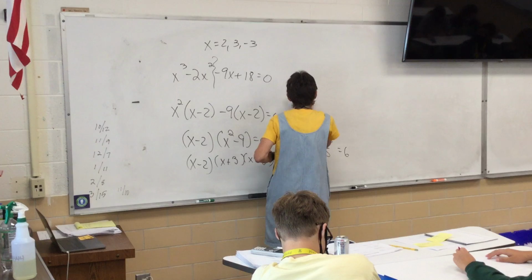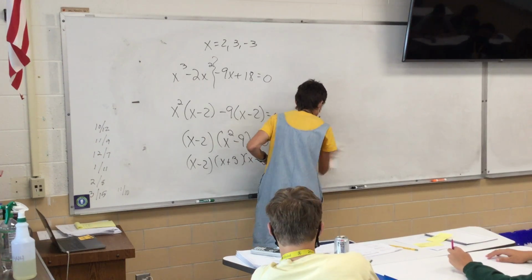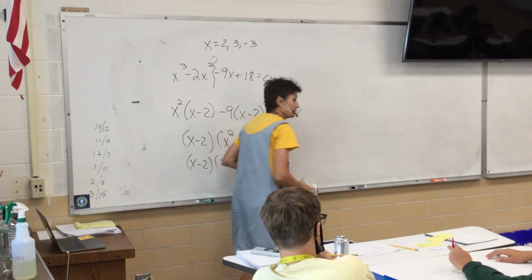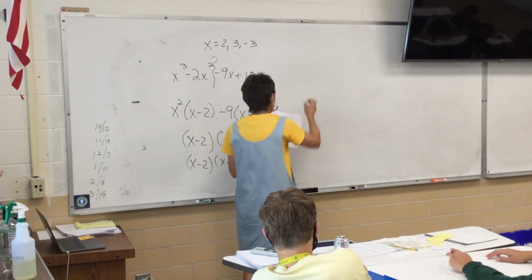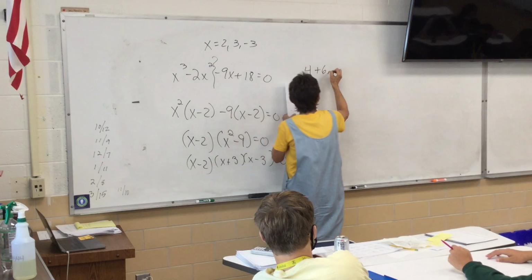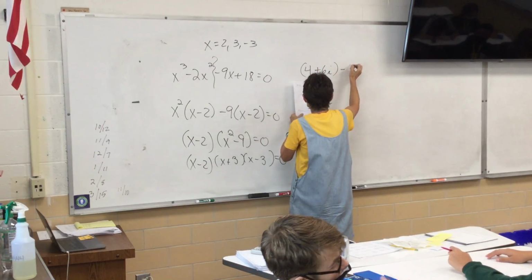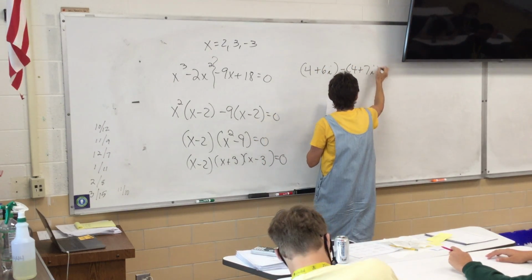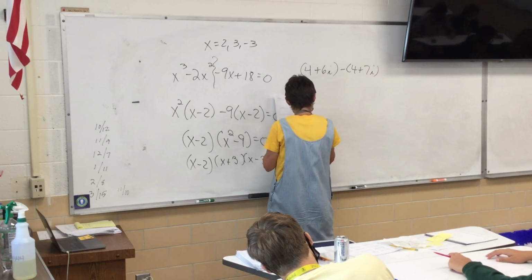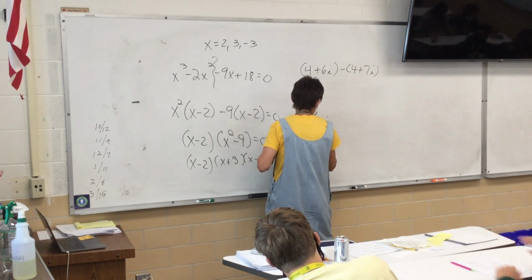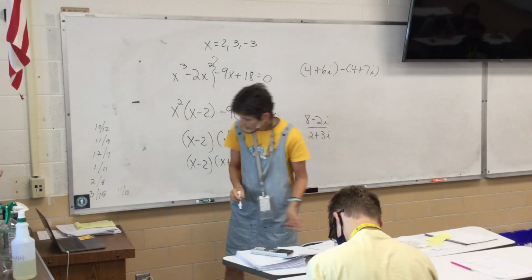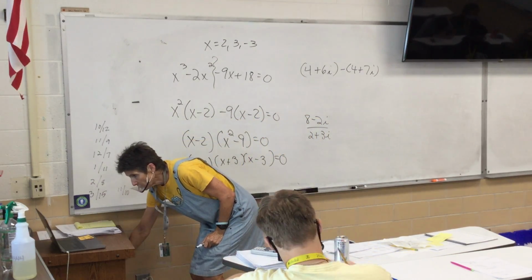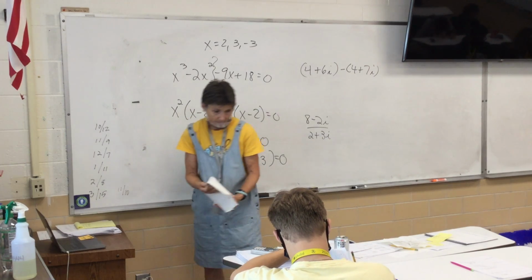All right, we just did a whole bunch of solving. Now, we're gonna do some simplifying with our i's. How about that top one? What do you think I should do with that top one? Just combine like terms.